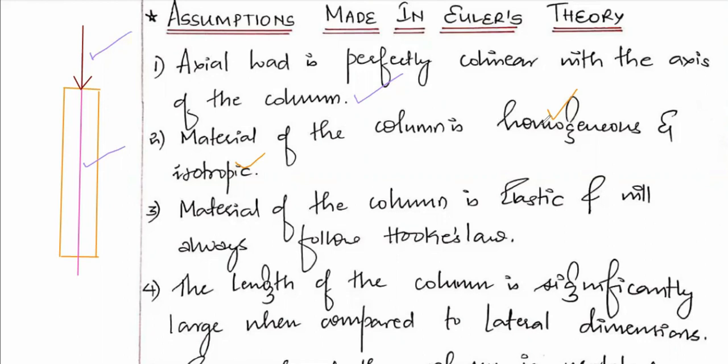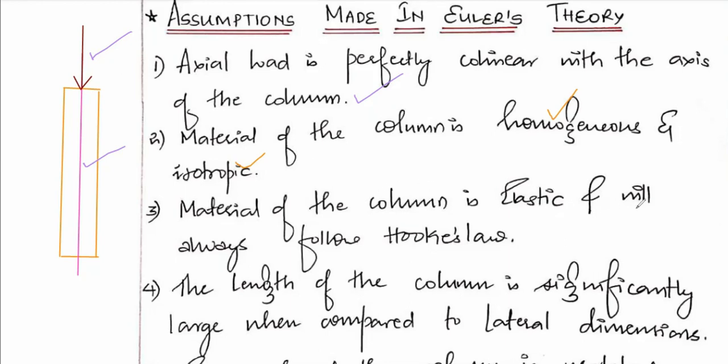That is, composite columns are not considered in Euler's theory. If it is steel, then the entire column I am considering is made up of steel only. That is the meaning of homogeneous. And isotropic means the value of Young's modulus remains the same in all directions at any point inside the column.